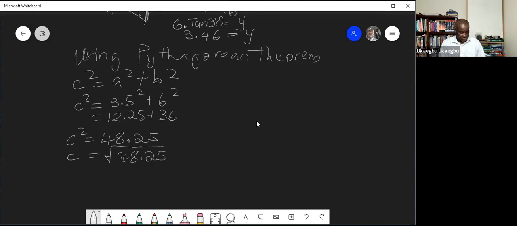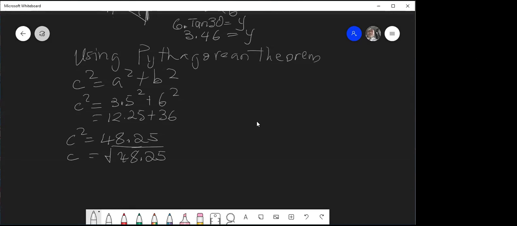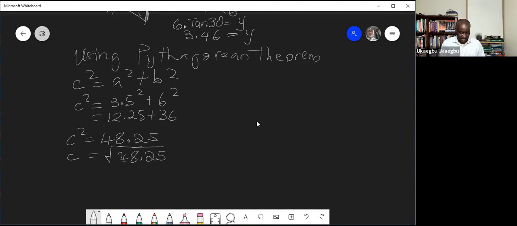Switch on your scientific calculator and clear. Square root of 48.25 is equal to 6.9. That should be correct.